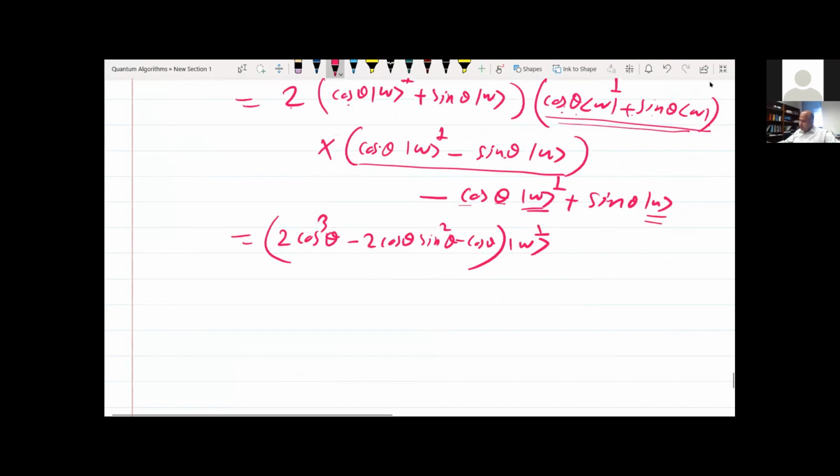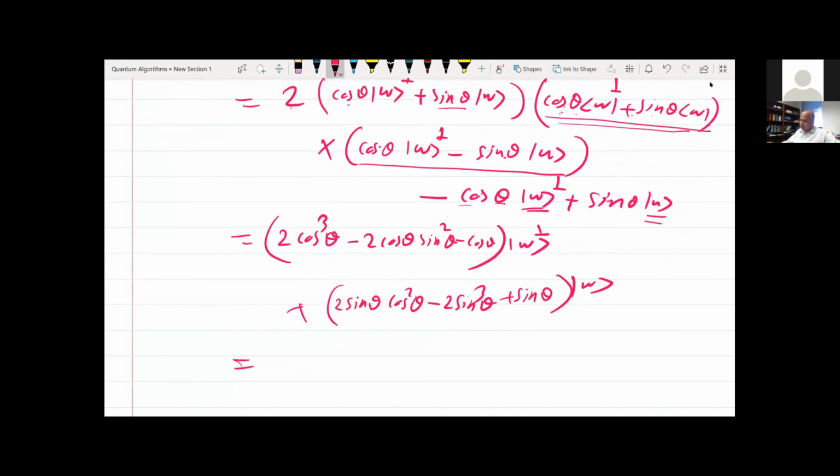For this omega state, we get 2 sine theta into (cos squared theta minus sine squared theta). So this becomes 2 sine theta cos squared theta minus 2 sine cubed theta, and from here I get plus sine theta.